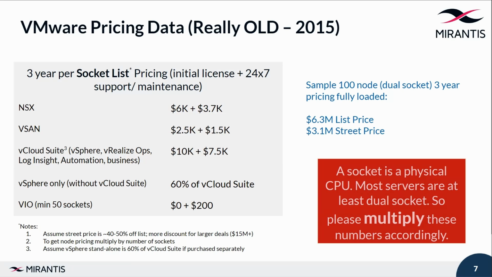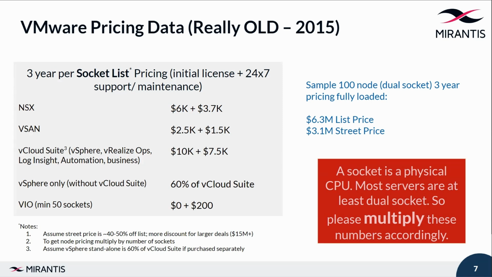In this case, like NSX is the networking stuff from VMware, and it's going to cost you 3 to 6K to license it per cluster or per component. vSAN is their storage mechanism. It's going to cost you another 2K or so.